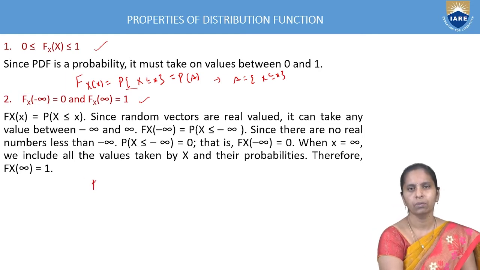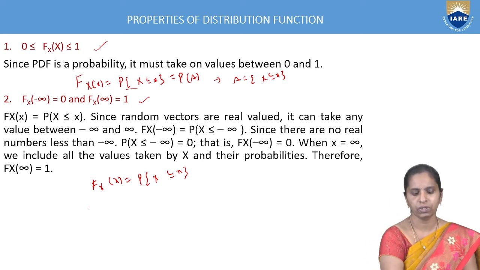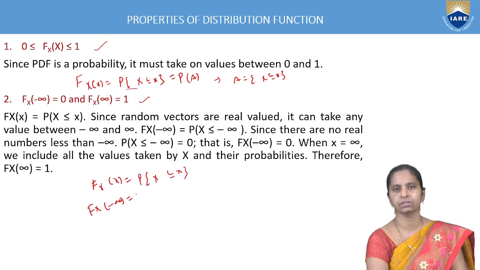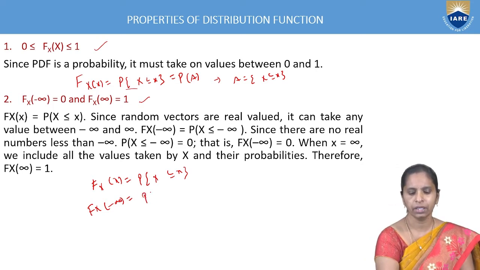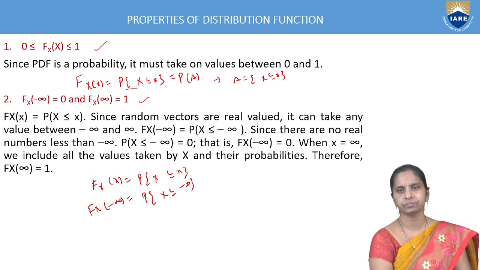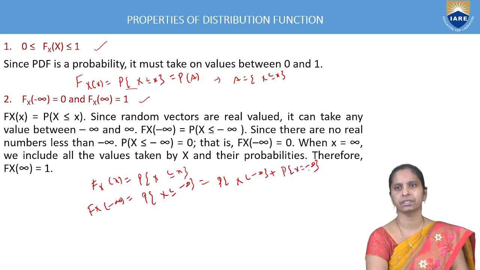Now we know that the distribution function F_X(x) is equal to P of X less than or equal to x. We are taking the distribution function at x equal to minus infinity. Therefore, what is my x here? Minus infinity. That is nothing but P of X less than minus infinity plus P of X equal to minus infinity.